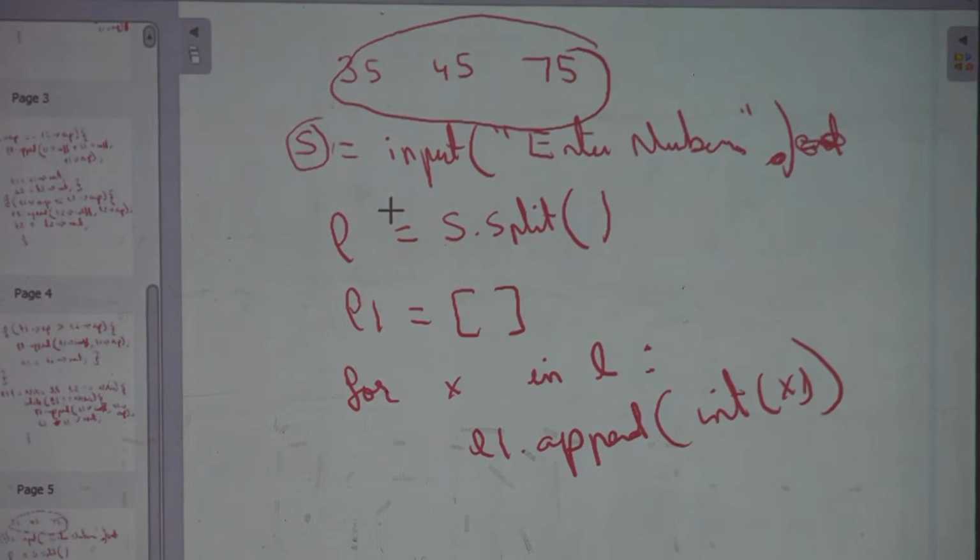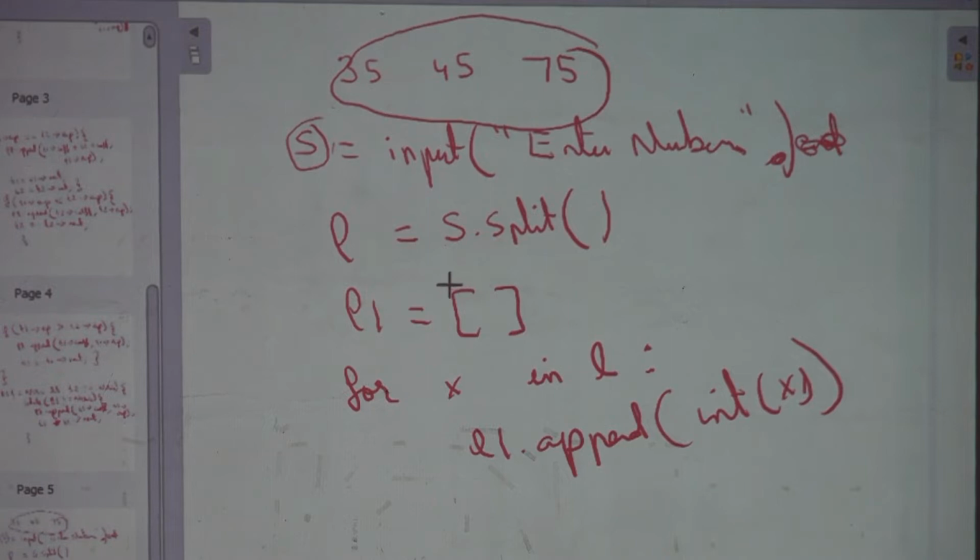Second step is chop that string. Split will chop that string. Split can have a delimiter, but I don't want a delimiter, I just want to blindly split based on space. So I will get L as a result of this S dot split, and that L will be a list of strings, not list of ints. All of you understand?